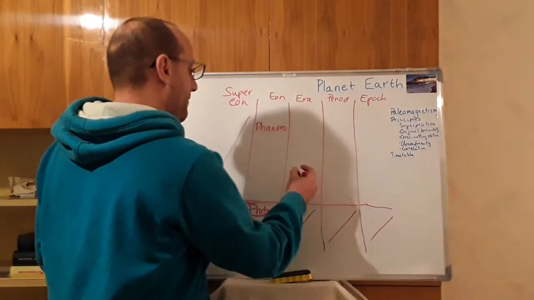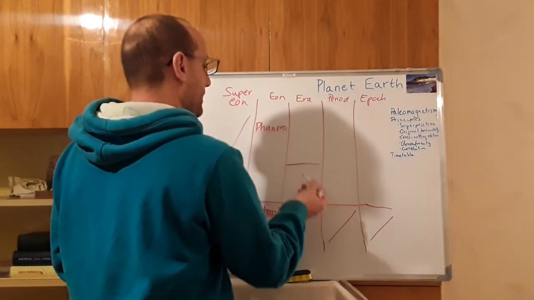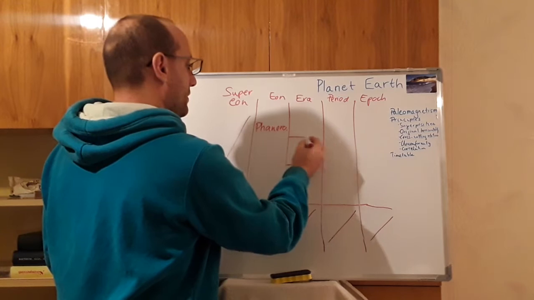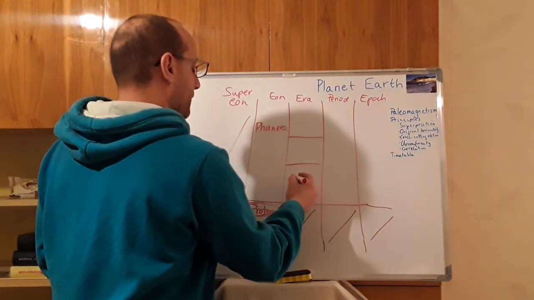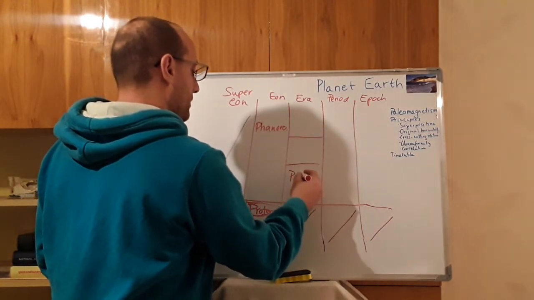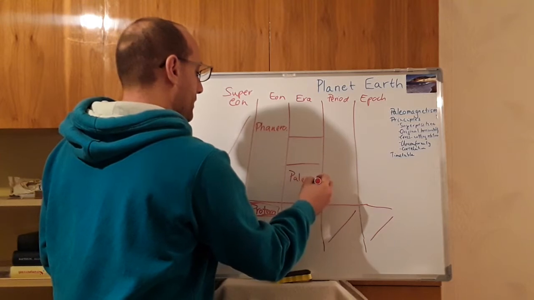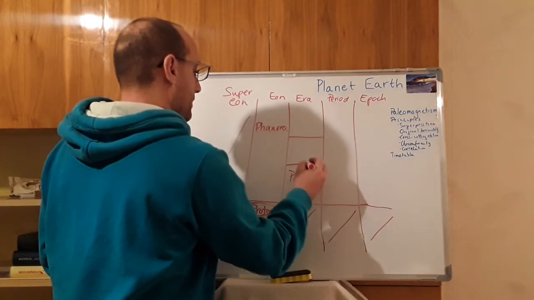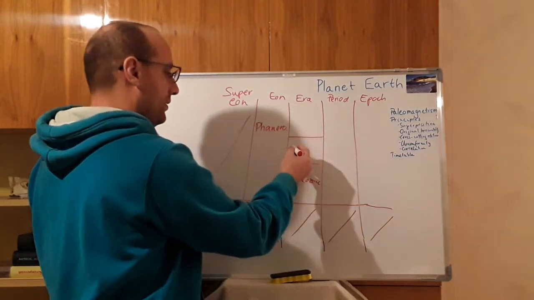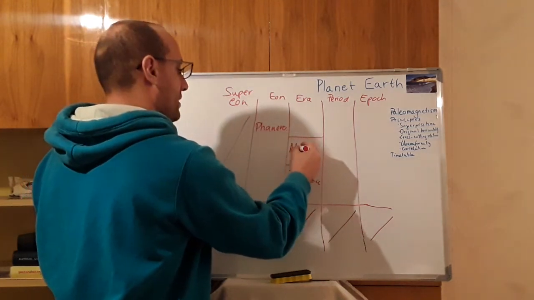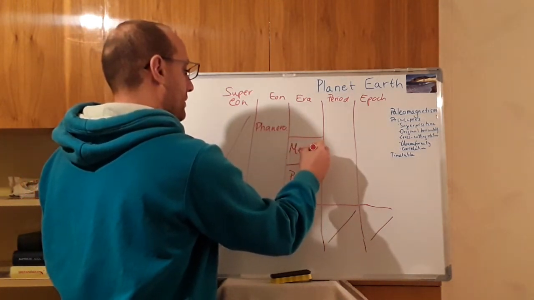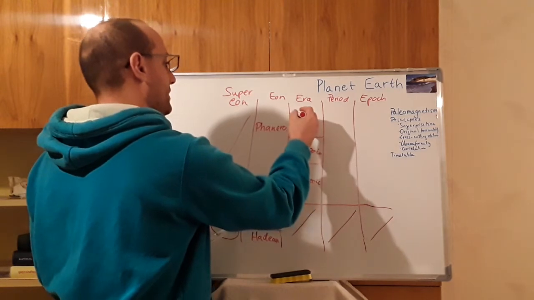And what we will have is the eras over here. The first one is the Paleozoic. Then we have the second one, the Mesozoic, and the Cenozoic.